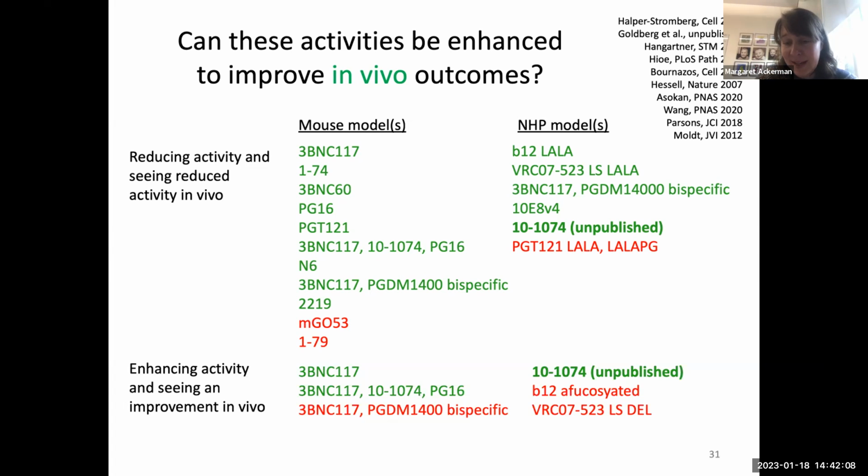But when this has been tested in non-human primates, it's definitely been less clear that these mutations will improve activity. Although I think the day is coming where we'll see more such reports. And promisingly, some of those variants are now being translated clinically.